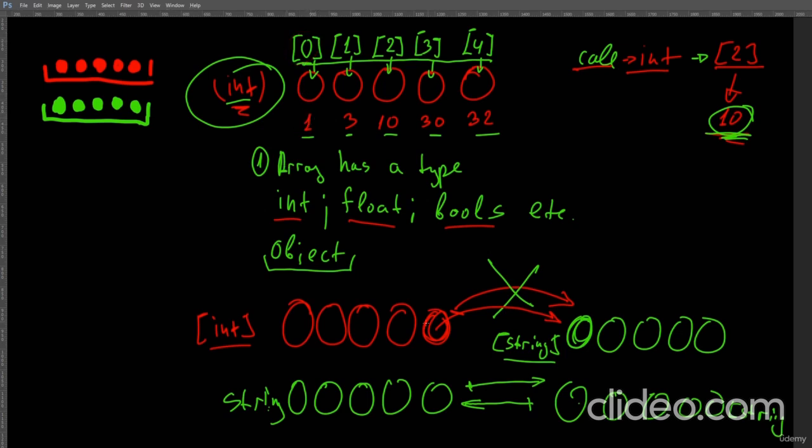The third thing, you can have arrays of type object, which are more flexible, and they can transfer any kind of data to another array of type object.